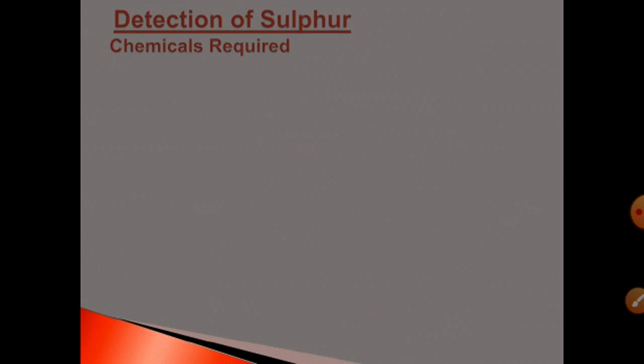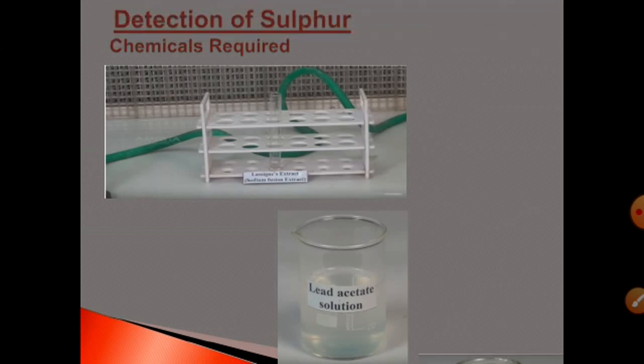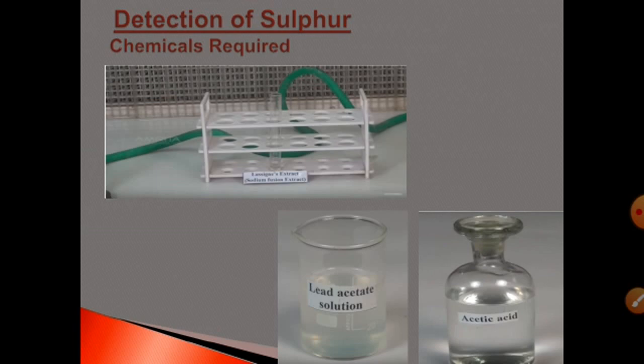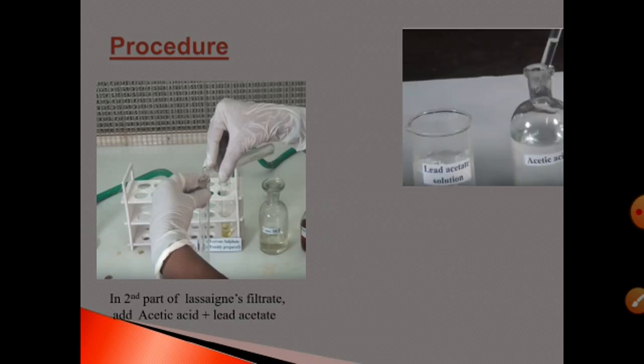The chemicals required for detection of sulfur are Lassaigne's extract or sodium fusion extract, lead acetate solution, and acetic acid. Take the second portion of Lassaigne's solution, add acetic acid, and boil the solution.